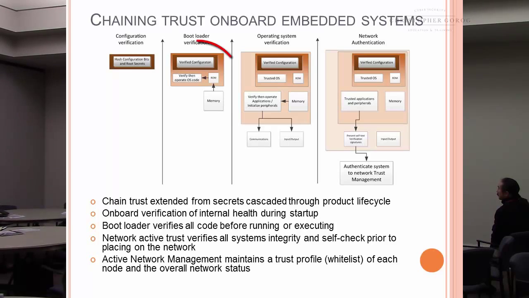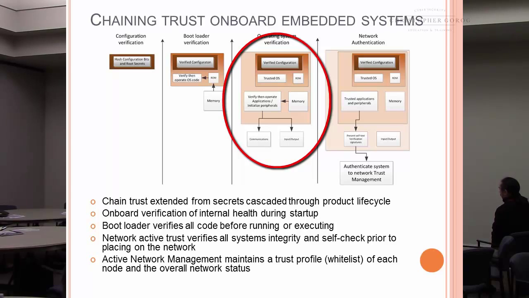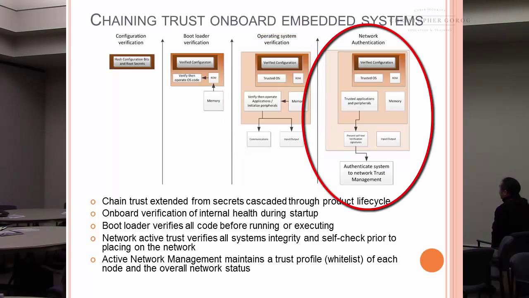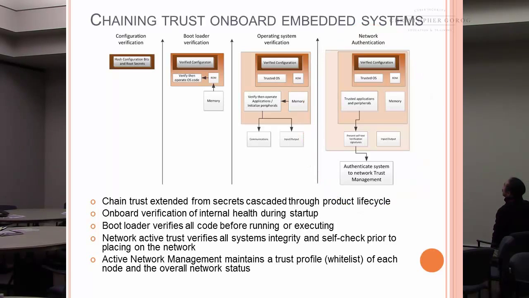And then that verifies the operating code before it allows it to run. Then the operating system verifies each application before it allows it to run. And then the application turns over and verifies itself to active trust management on your network. This is kind of how the chain of trust would use internal secrets on an onboard system startup.